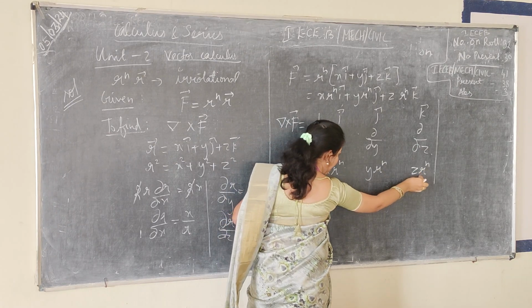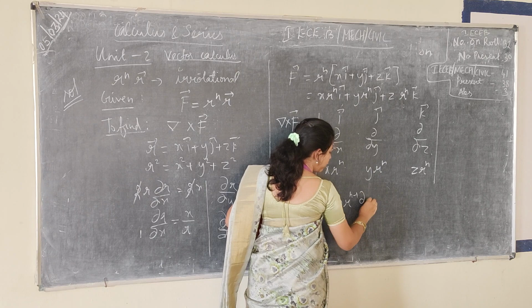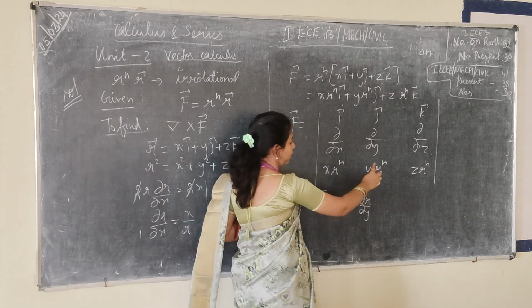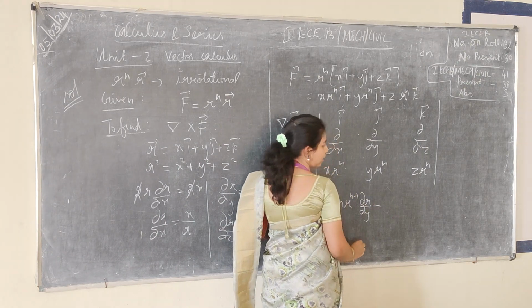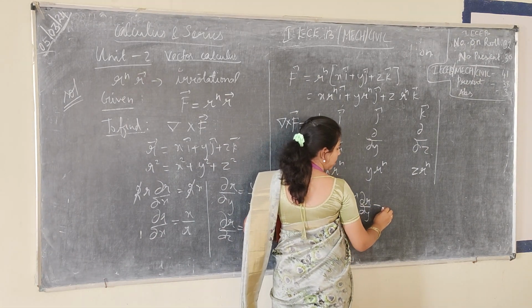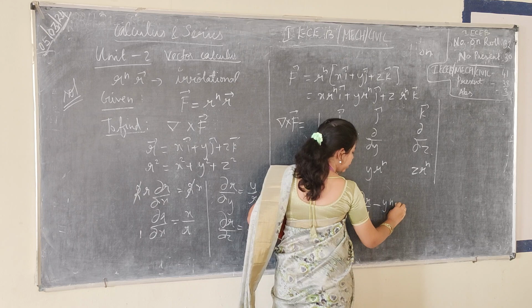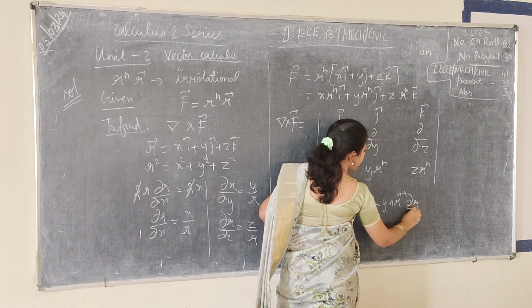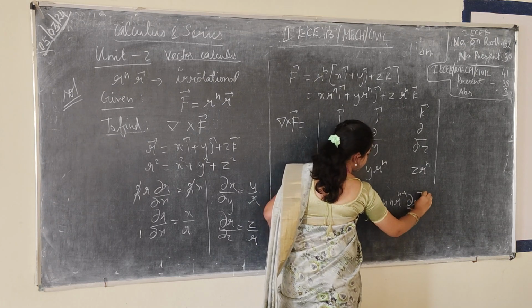Now I am differentiating r with respect to y, dou r by dou y. Similarly, for this, minus y into n into r power n minus 1 dou r by dou x. That's all.